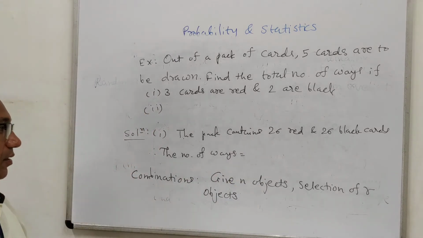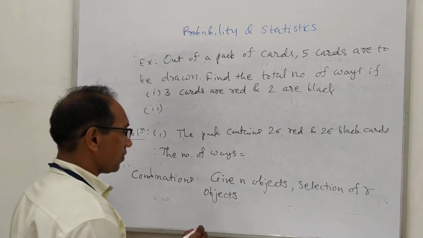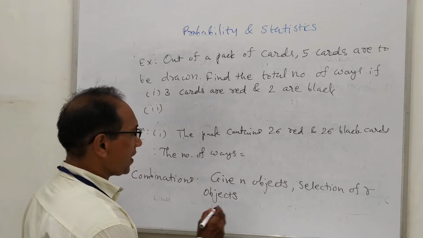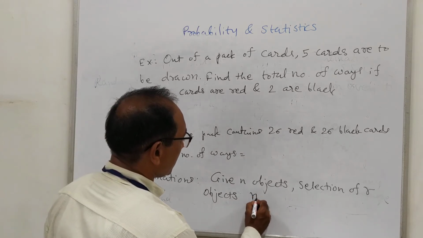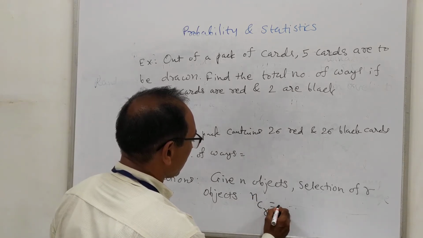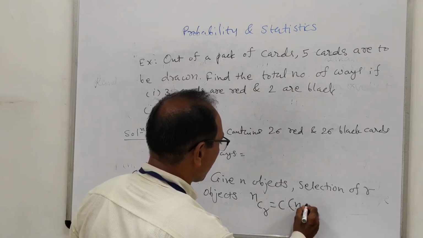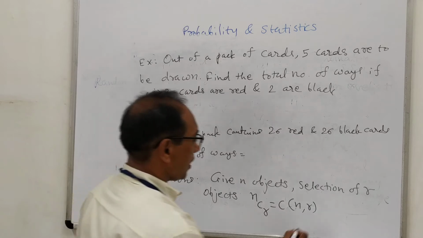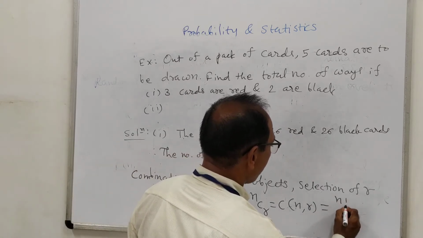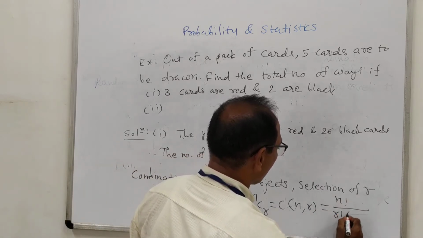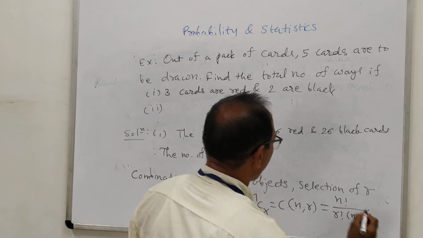There is no need of arrangement, and this we can do by using combination. Combination is denoted by nCr, or in another symbol C(n, r), and this is defined as n factorial upon r factorial into n minus r factorial.